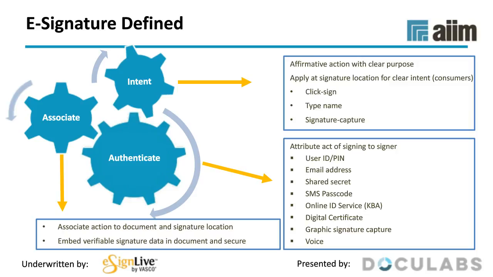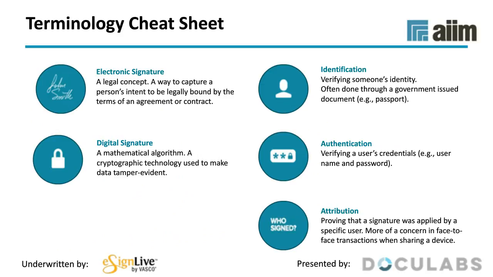Now, I just want to bring up this terminology cheat sheet here for everyone, because as you read and discuss and investigate e-signatures, you will hear a number of terms being used, sometimes incorrectly, and that's okay, but I want to set the record straight here, starting with the difference between an electronic signature and a digital signature, because there is a difference. So an electronic signature is first and foremost a legal concept. What does that mean?